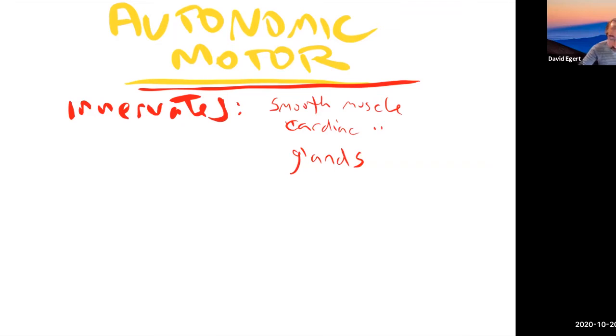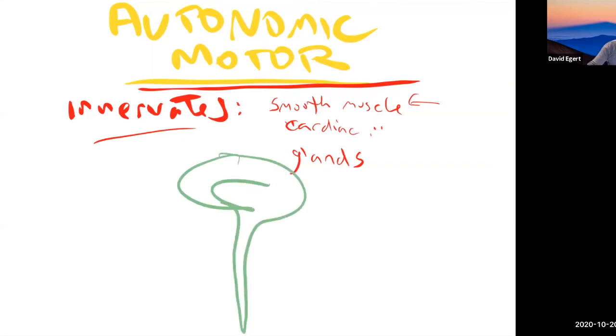It might speed up your heart, or it might slow down your heart. It might relax your bronchial muscles and make it easier to breathe, or constrict your bronchial muscles and make it harder to breathe. So we're going to see it's not just excitatory like we saw with somatic. You can have a neuromuscular junction with the autonomic system where you actually relax the target muscle rather than excite it.